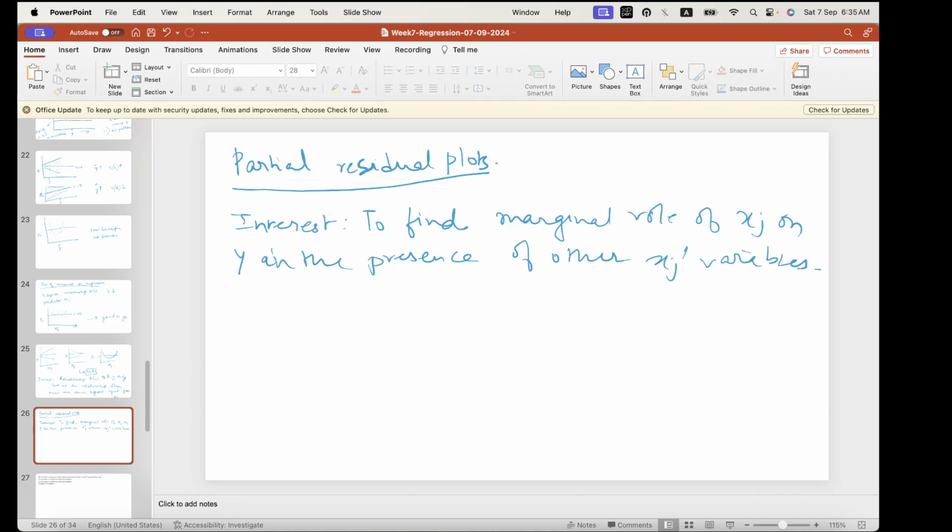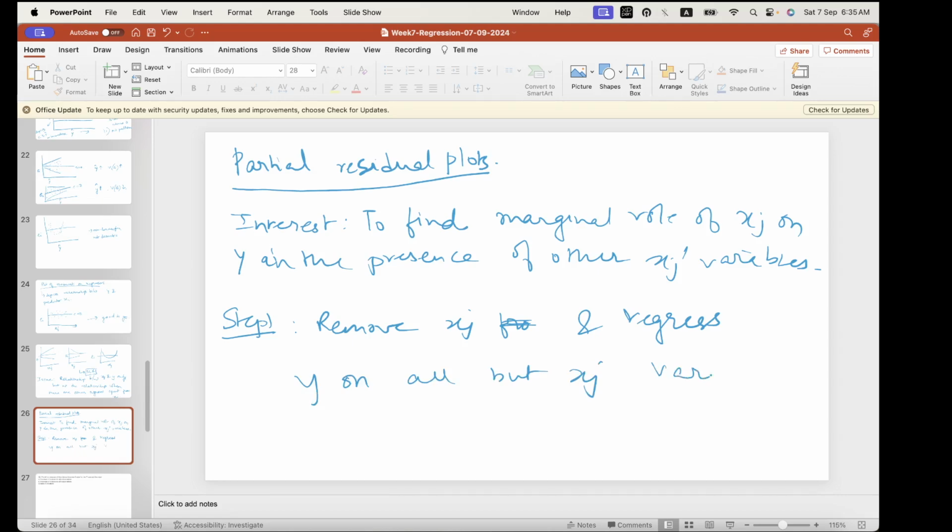Okay, so what do we do? First, step 1 is we remove xj and regress y on all but the xj variable.